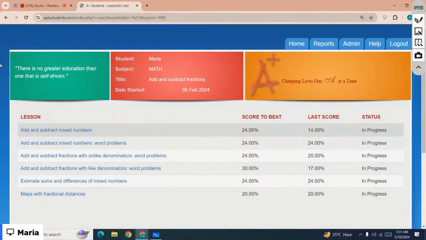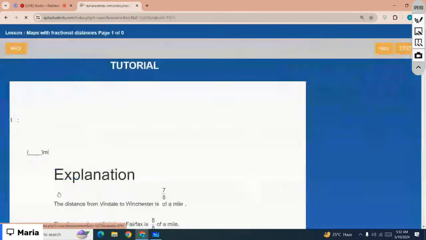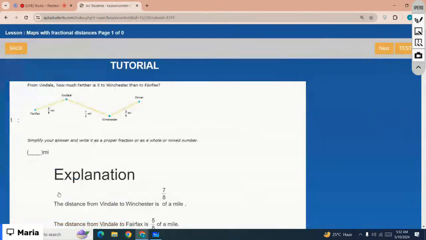The next one is maps with fractional distances. Okay, but let's just do the test questions.